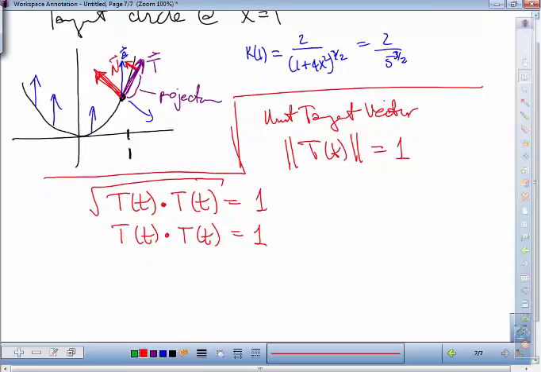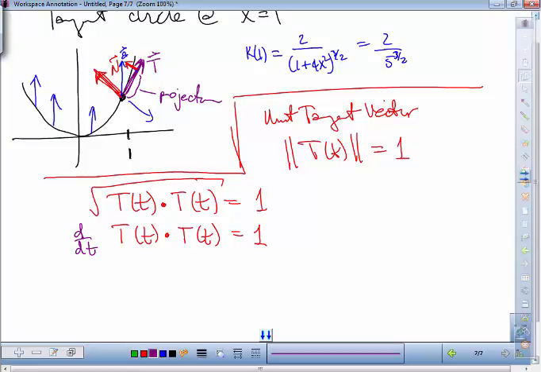So here's the trick to this whole idea. We're going to take the derivative of this thing with respect to t. Now, if you remember in the properties page, the derivative of a dot product is like a product rule, right?